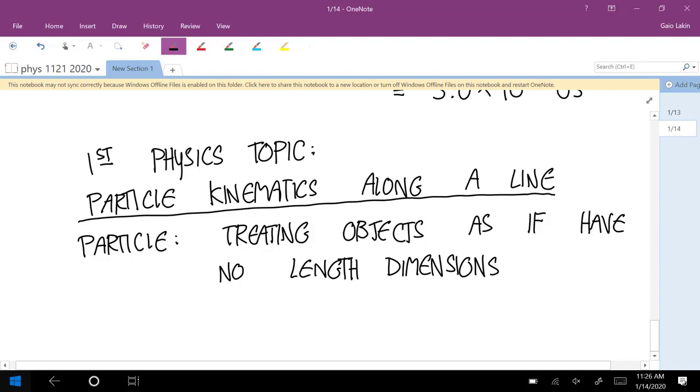They do have mass, though. That won't come up for a little while, but the object's location is the object's center of mass.